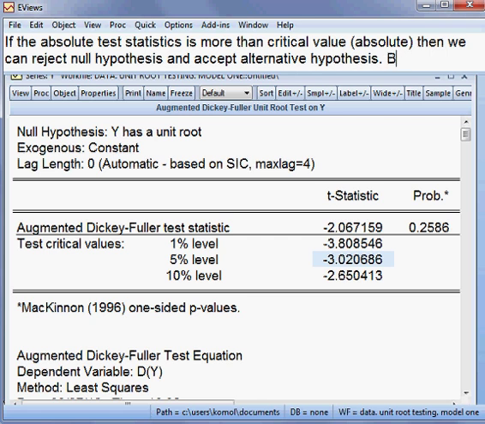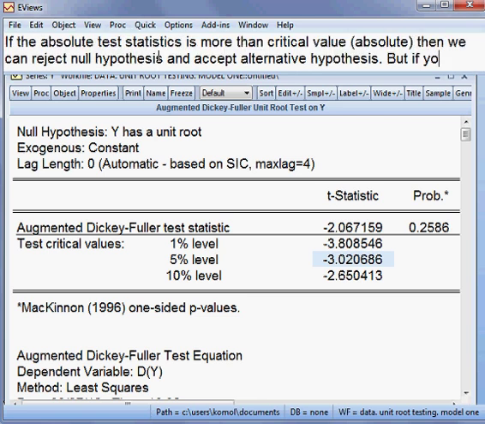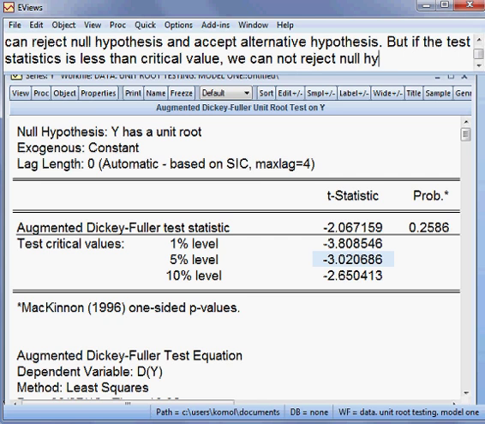But if the absolute test statistic is less than the critical value, we cannot reject the null hypothesis.